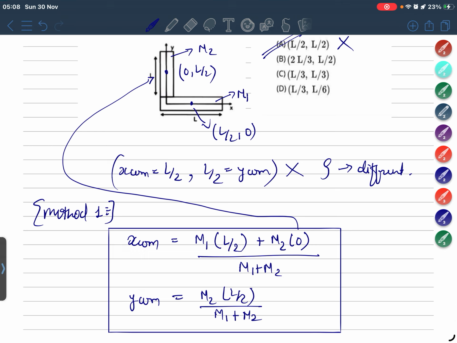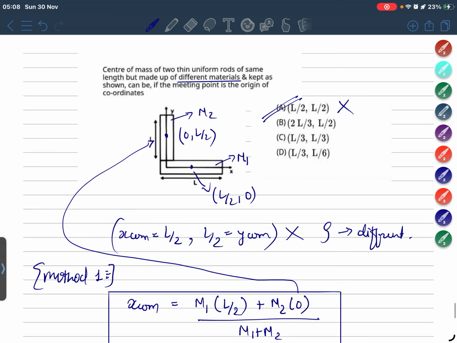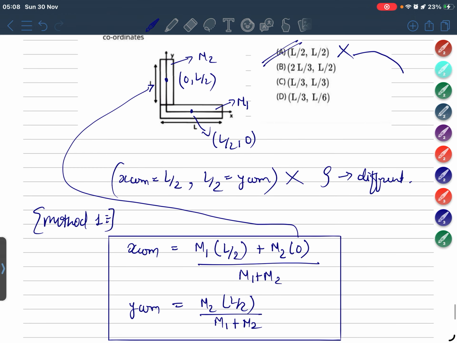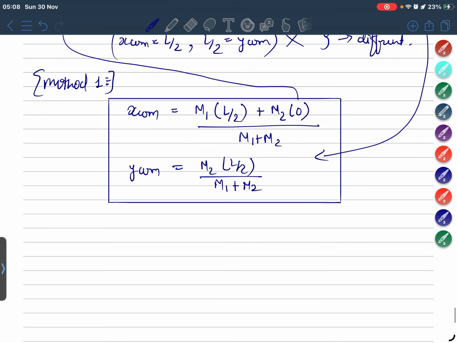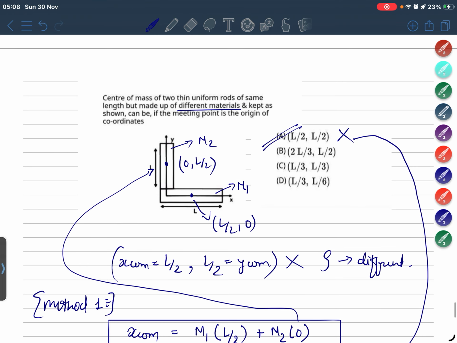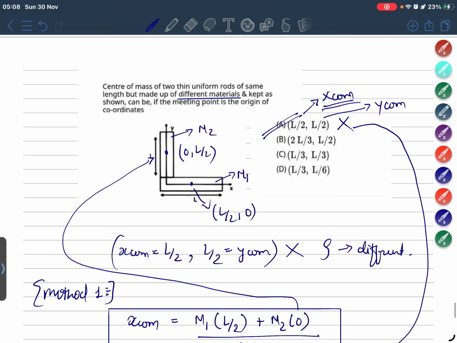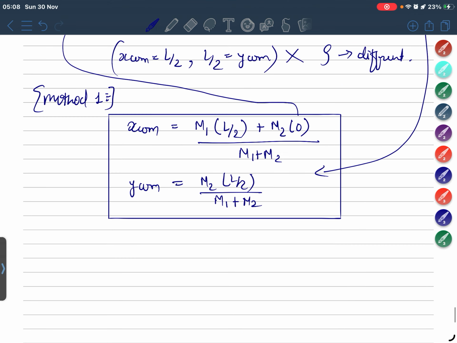So here we have to use brute force, like we have to satisfy each option in this equation. Let's say I am satisfying L by 2 comma L by 2 for this equation. So L by 2 is my XCM and L by 2 is YCM.